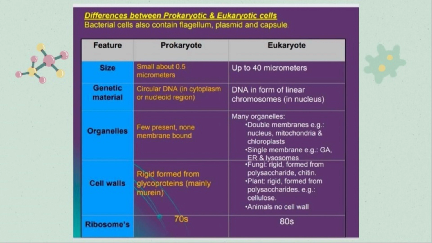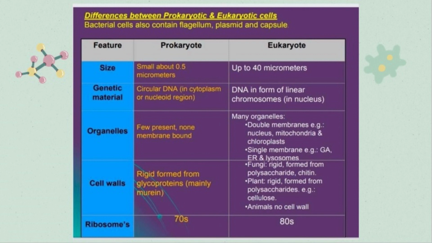In size, the prokaryotic is small, about 0.5 micrometers, while the eukaryotic has up to 40 micrometers. In genetic material, the prokaryote has circular DNA in the cytoplasm or nucleoid region, while the eukaryote has DNA in the form of linear chromosomes in the nucleus.